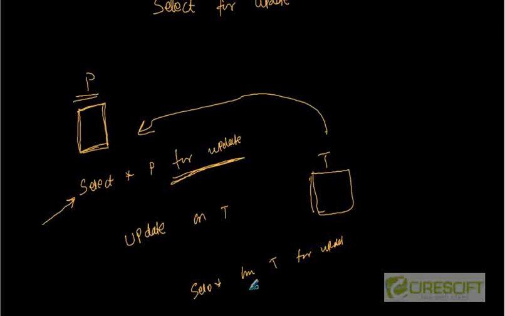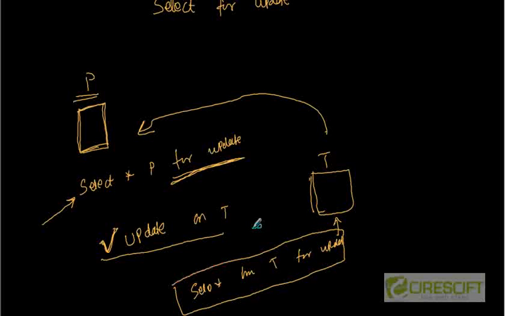In that case, this select for update is going to wait, because it needs to acquire a lock, but the other session has already acquired it. But it's also not a good idea to just wait, because you cannot do other work, right?